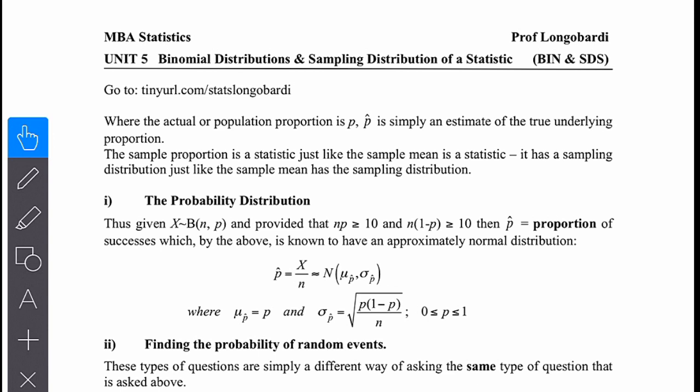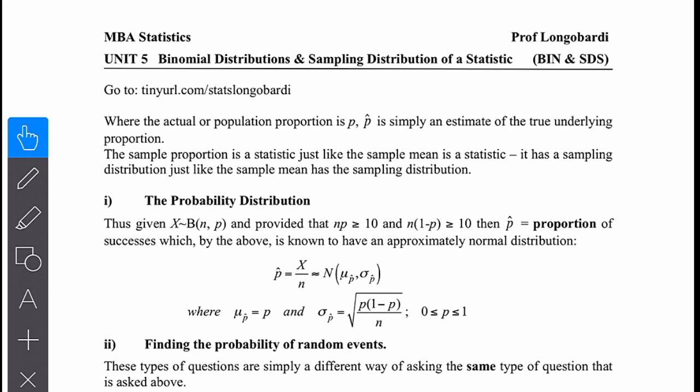Up until this point, I introduced the idea of distributions, right? So we talked about continuous distributions, discrete distributions, and in particular, one discrete distribution that I promised we would focus on was the binomial distribution. So we talked about the binomial, and then I wanted to go into sampling distributions.